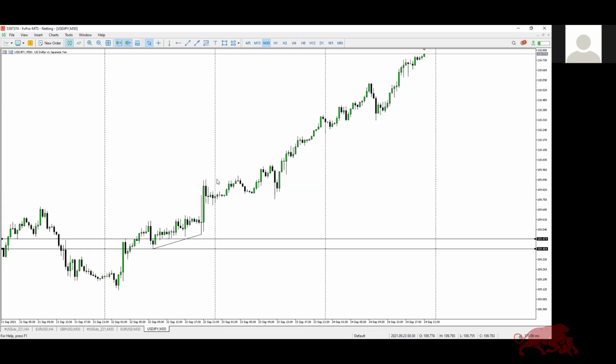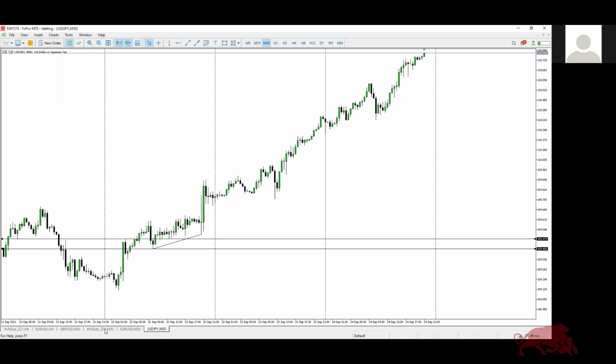affect the market. We saw what Pound USD did yesterday. It rallied. Euro USD was chilled. Why did Pound USD rally to the upside? Because the Bank of England had their rate decision yesterday and they were hawkish on the pound. You see? That's why you saw the rally on Pound USD.